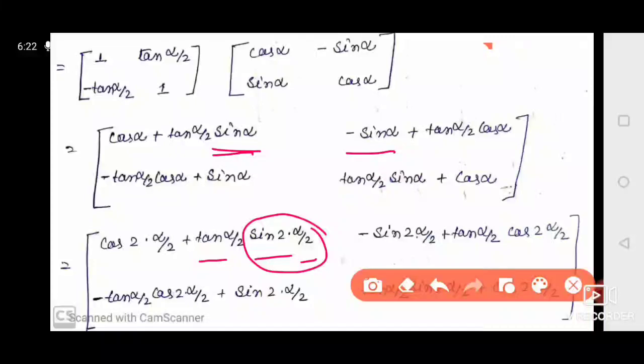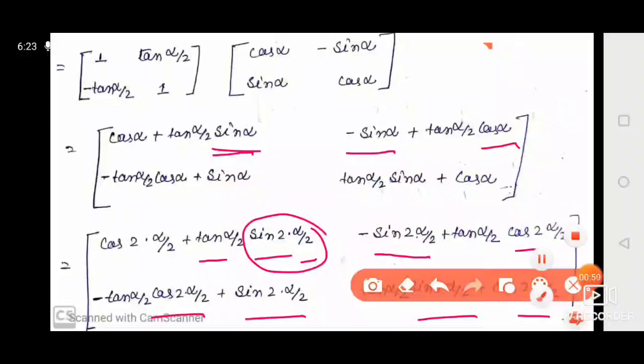Minus sin alpha is replaced by minus sin 2 into alpha by 2. Here this cos alpha is replaced by cos 2 into alpha by 2. In this way, for the second row also we have replaced cos alpha, sin alpha and sin alpha, cos alpha, so that we can apply the formula of cos 2x and sin 2x.